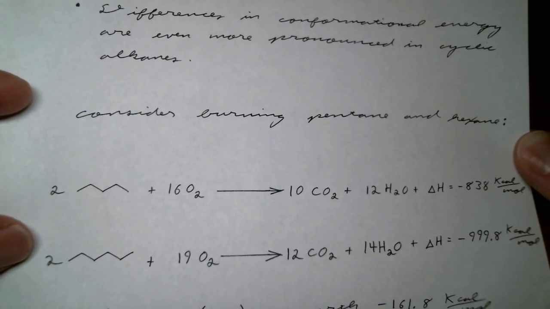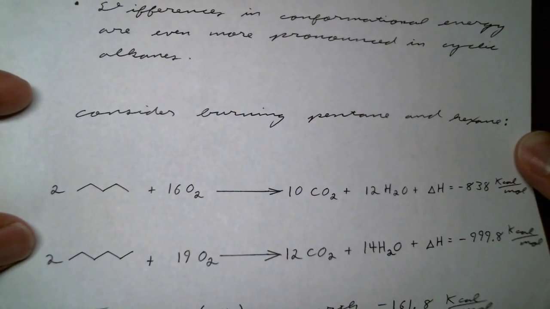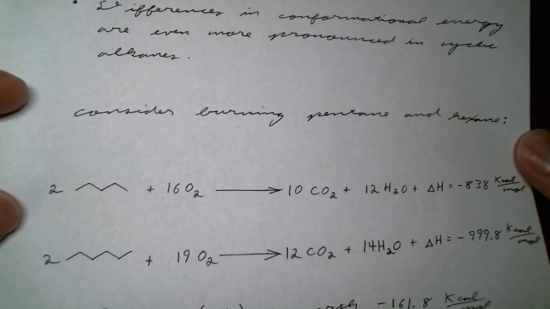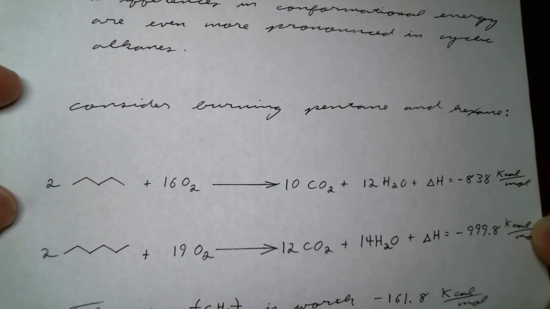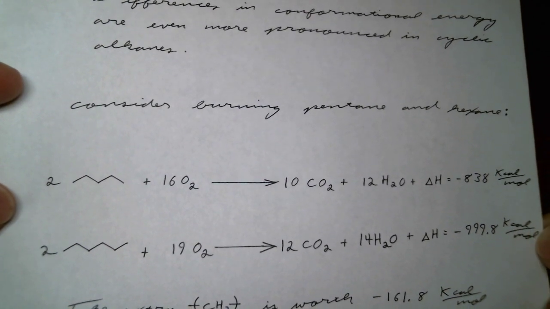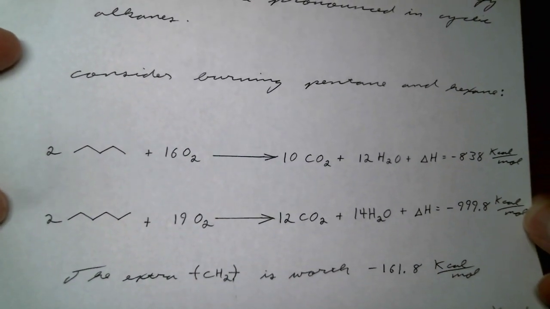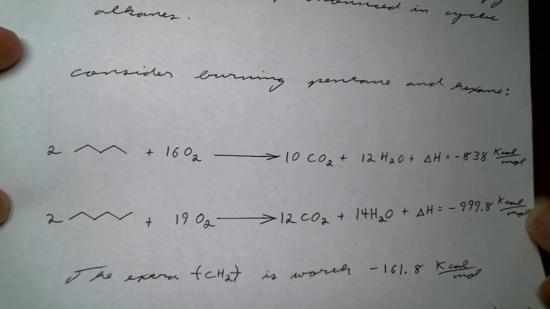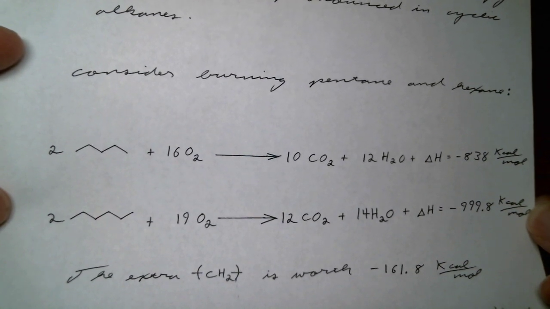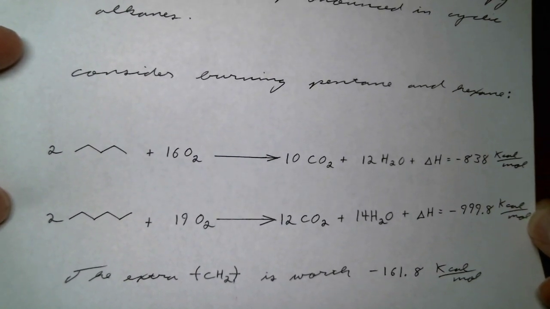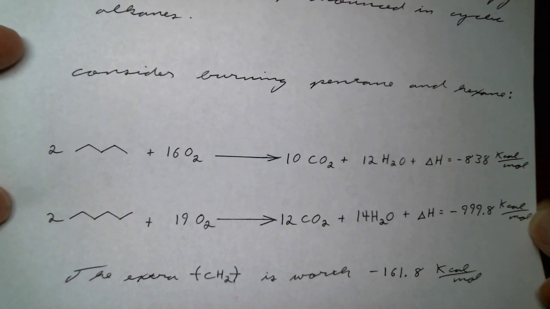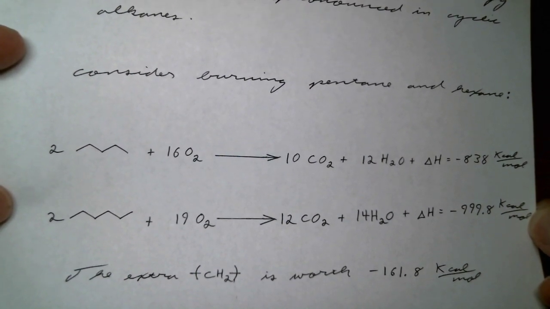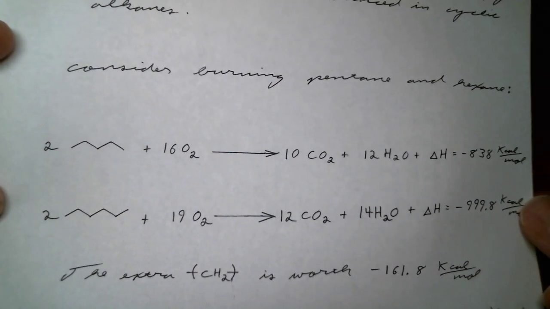If we burn a couple molecules of hexane, we also generate carbon dioxide and water and consume oxygen, and we release 999.8 kcals per mole of heat. So what is that extra CH2, that extra methylene, worth? Well, it's about the difference in heat between those two reactions, so that's 161.8 kcals per mole.